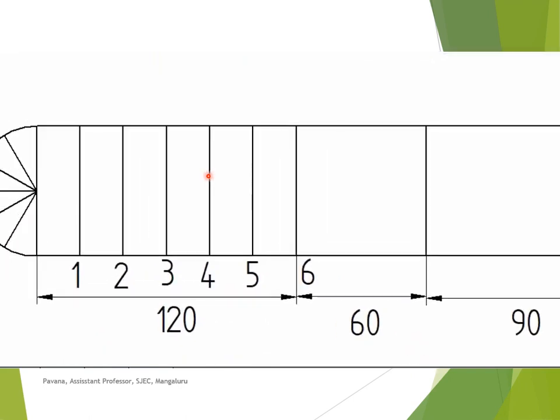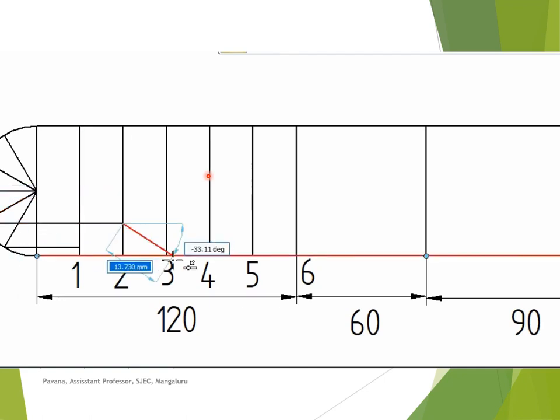Now draw the lines from the respective points. First I will name them A, B, C, D to make it clear.